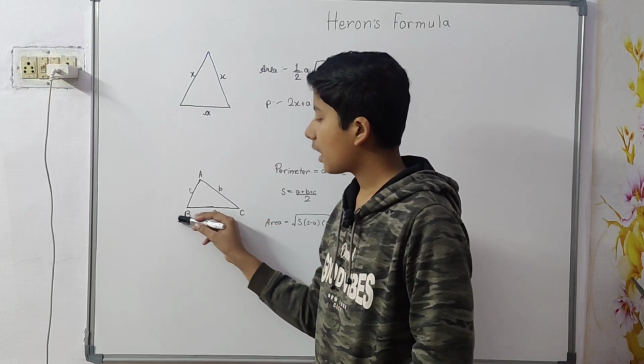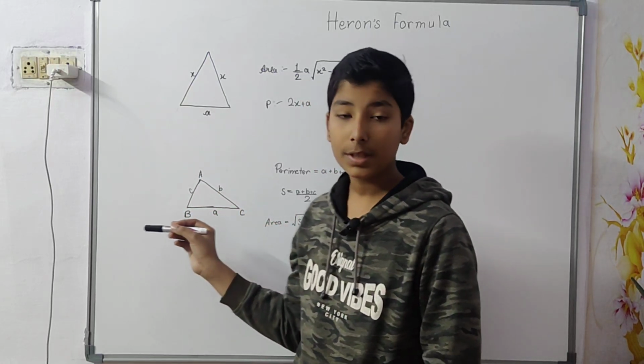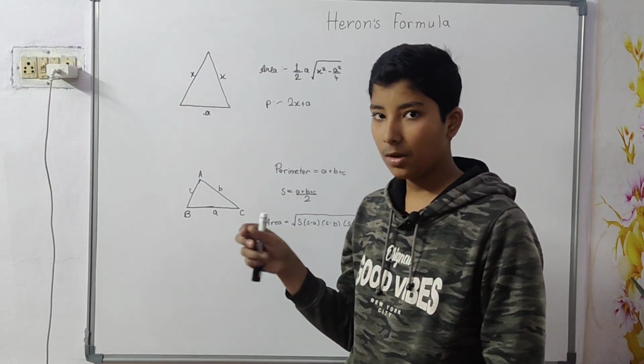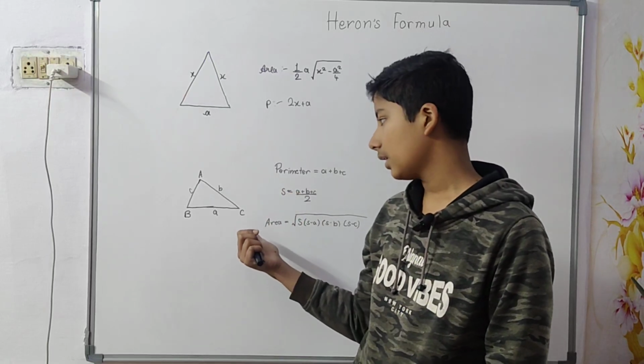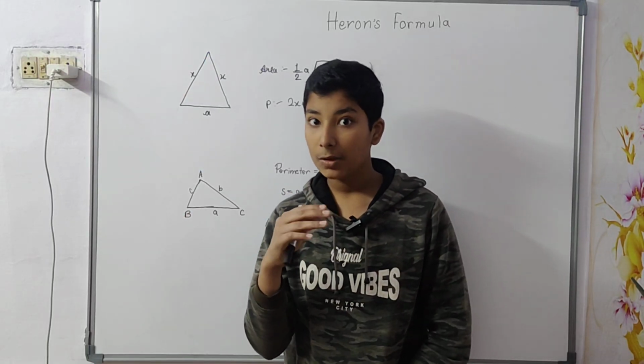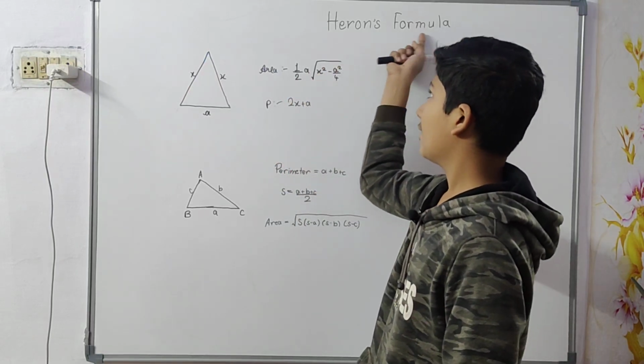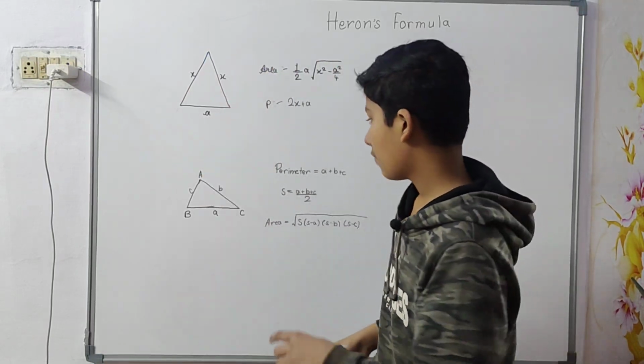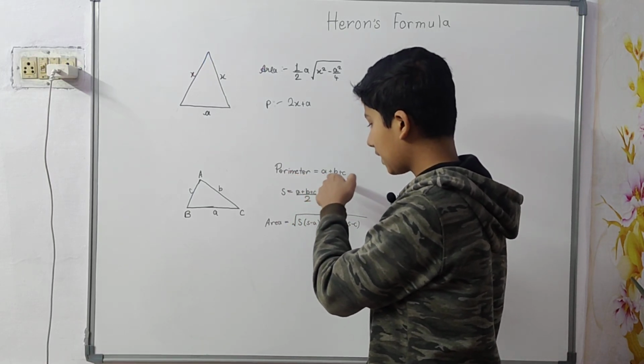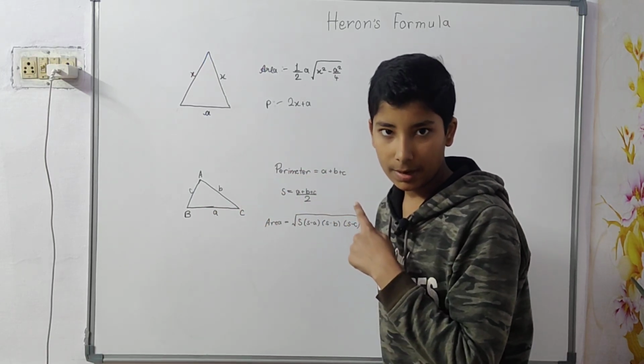Now in this one, if you see, it is a triangle with all the sides given. All the sides are given in this triangle, but height is not given over here, so you will have to use Heron's formula. Heron's formula, it is like perimeter. We all know sum of all the sides.